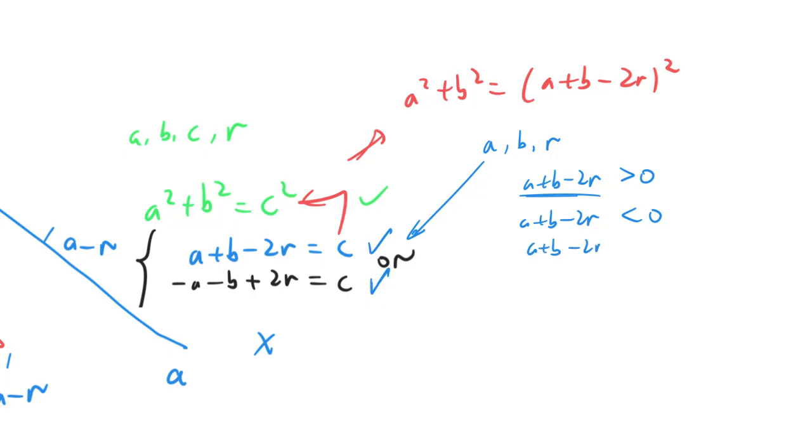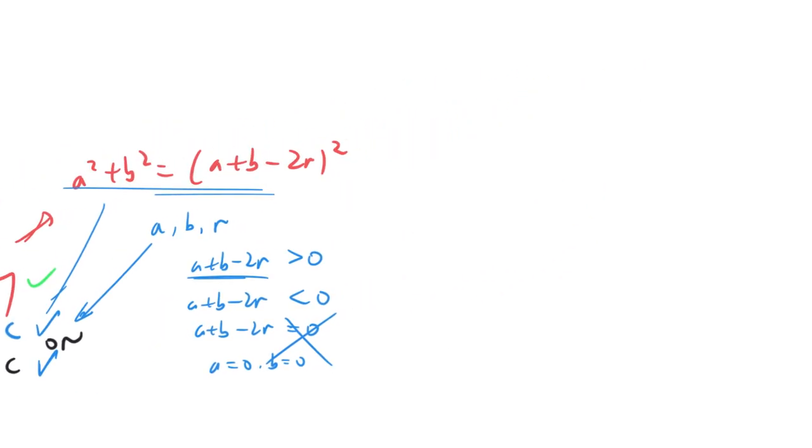And if this is equal to 0, this can't really be equal to 0, because if this is equal to 0, it's going to be a completely degenerate case. It would force a equal to 0, b equals to 0. So as long as we ensure that a and b are positive integers, this case won't happen. So each solution here to this equation corresponds to a valid solution right over here. So all we have to do is find an r.